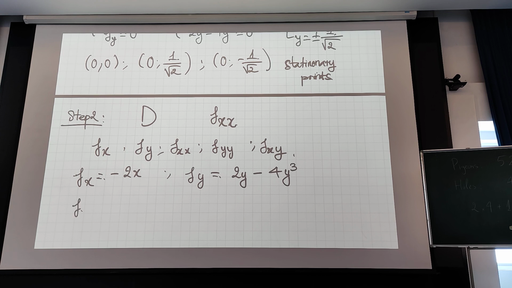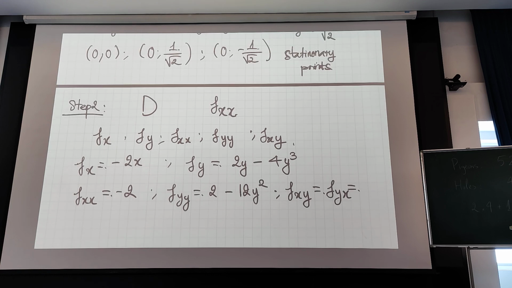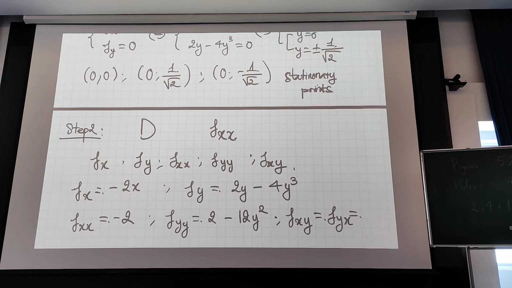So let's calculate: fxx is minus 2, right? fyy equal to 2 minus 12y squared. And fxy equal to fyx, you can easily verify this equality, and it is equal to 0.